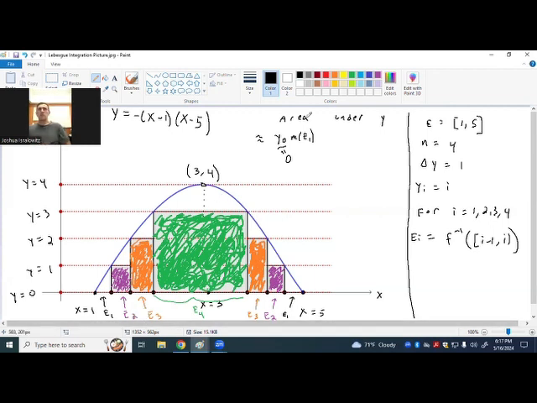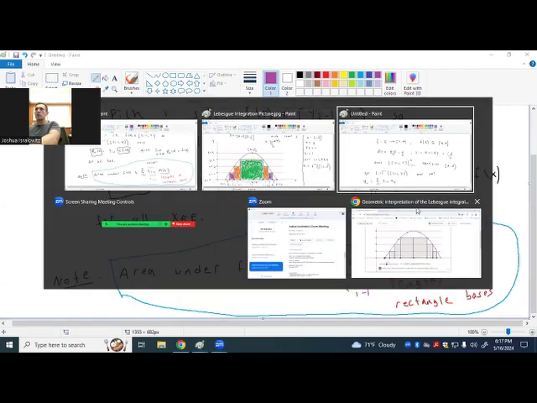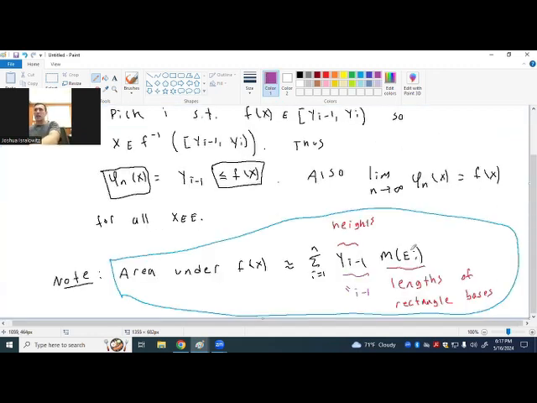And I should point out, I didn't mention this, but I really should: these are measurable because we're assuming f is measurable. So if f is measurable, then the inverse image of an interval is measurable, right? So it makes sense to take the Lebesgue measure of each of these E_i.